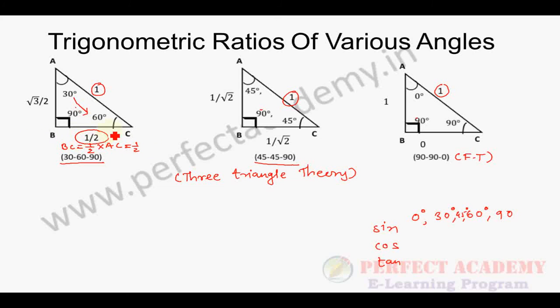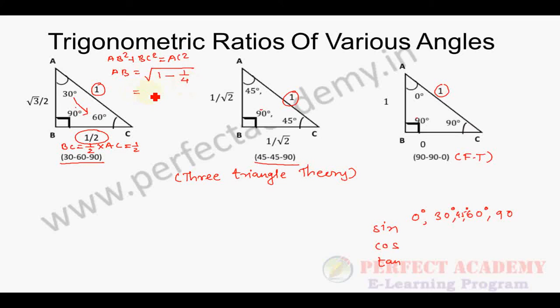Now if I use this value of BC in Pythagoras theorem, what should I get? I know AB square plus BC square is equal to AC square, right? So out of that, AB I have to find out, that should be equal to root of AC square, which is 1, minus BC square, which is 1 by 2 the whole square, so that is 1 by 4.